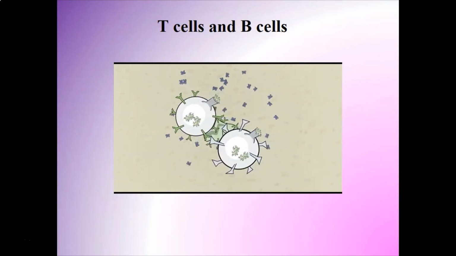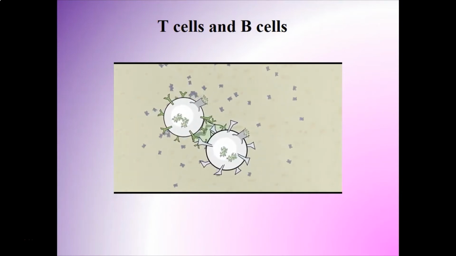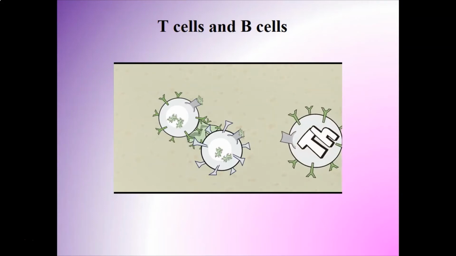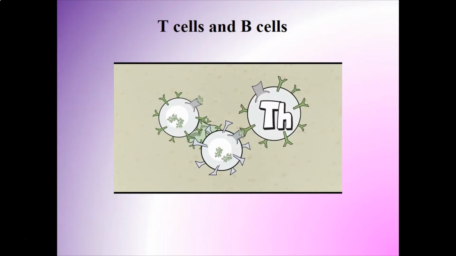Meanwhile, chemical signals from the B cell flow into the lymphatic system and to the thymus, where they trigger the release of helper T cells, which migrate to the point of infection. When the helper T cell comes into contact with the dendritic cell, it will bind to the antigen-presenting marker. This activates the T cell, which then divides into both memory cells and effector cells.